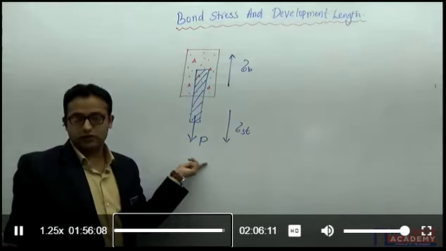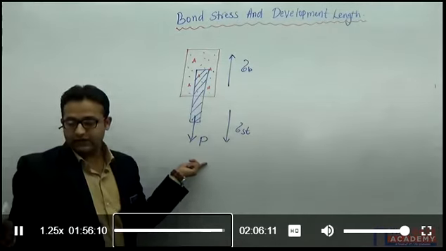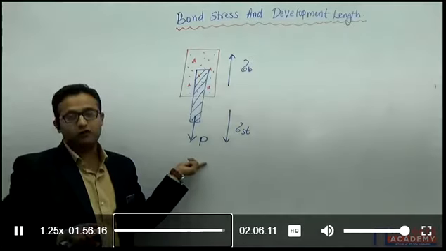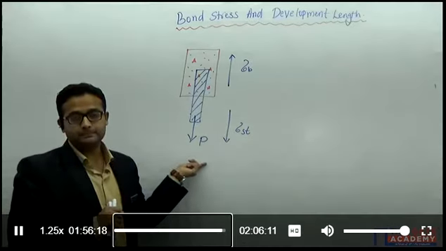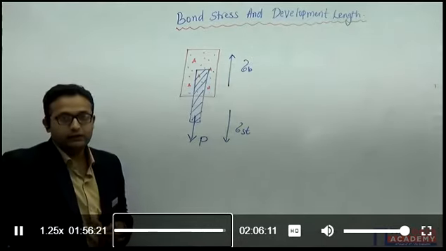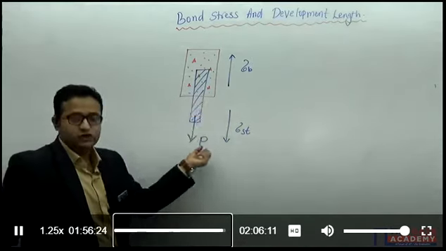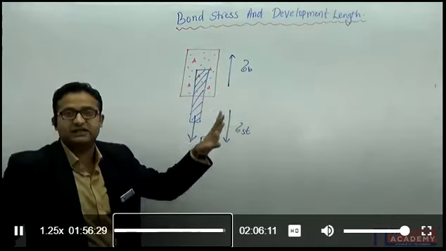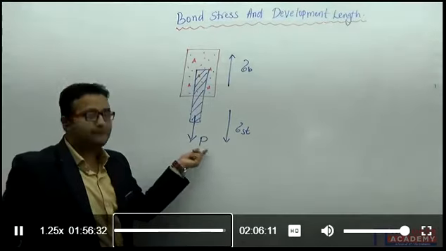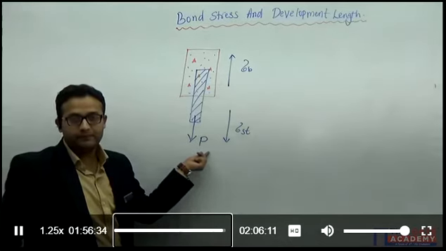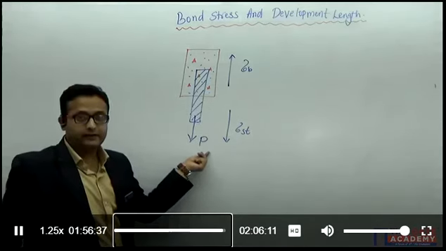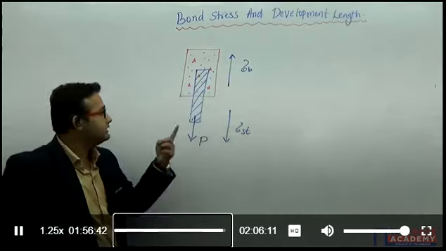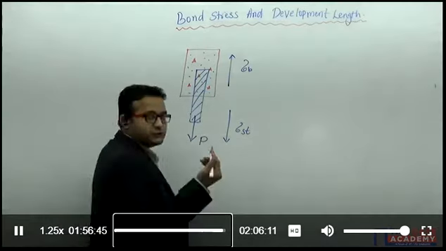Please write down in your notes which of the following options represents the maximum value of P, so that your steel should not come out from the concrete. This member should be in a stable condition. What should be the maximum value I can apply here? Let me explain very clearly.